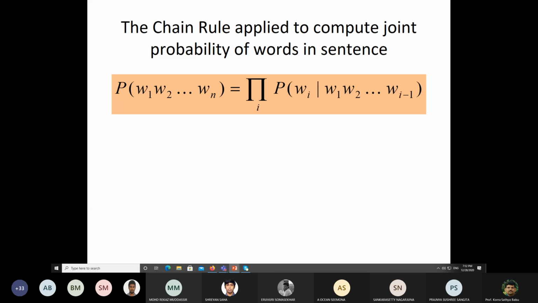So the chain rule, when applied to compute the joint probability of words in a sentence, can be written as follows: the probability of W1, W2, W3, like that up to Wn, can be written as the product of the probability of Wi given W1, W2, W3, W4, like that up to Wi minus 1. This is how we apply the chain rule to compute the joint probability.